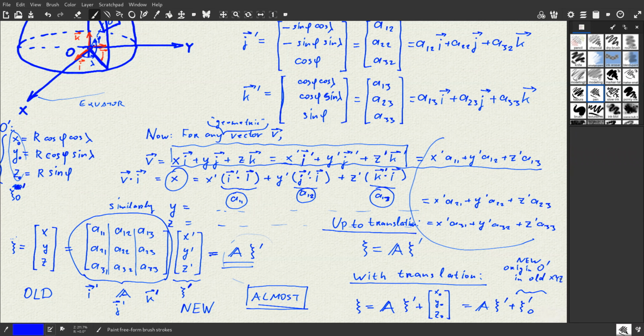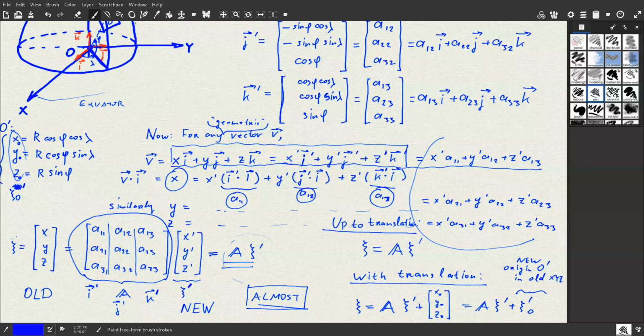So this example, it's probably better to just do it once as we did and remember. Remember it just as a rule of thumb, because otherwise you would need to write those equations for a vector in ijk and i prime, j prime, k prime over and over again and derive the translation formulas.